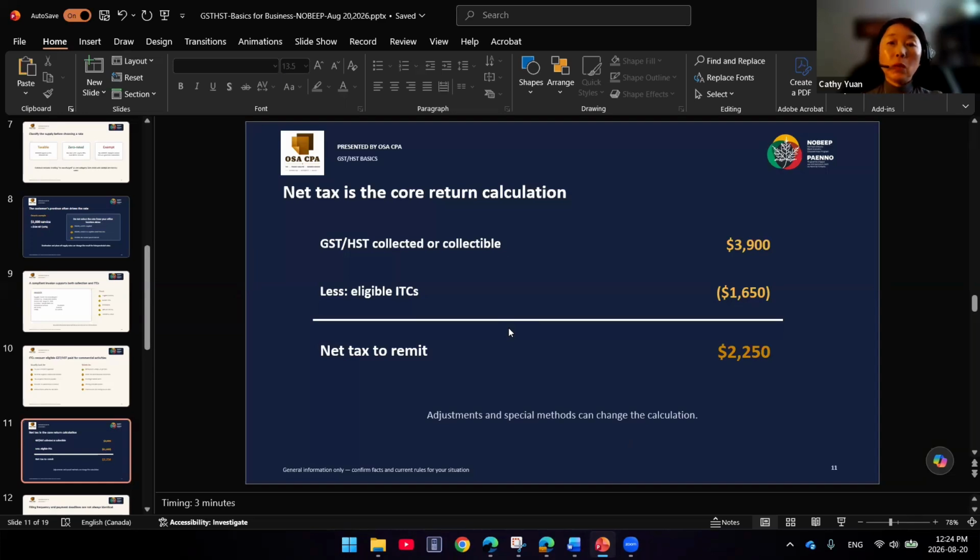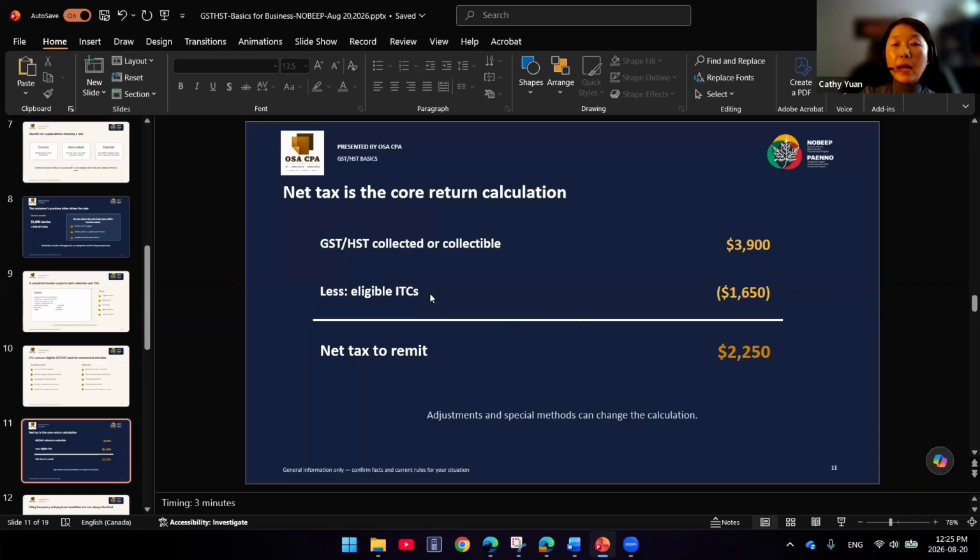When we issue the invoice, we list the goods or service, maybe 100, and we add the GST/HST tax. That's 13%, that is $13. That's the GST, and the total amount will go to 113. That's the GST/HST collected.